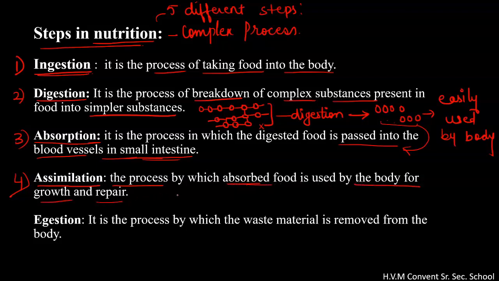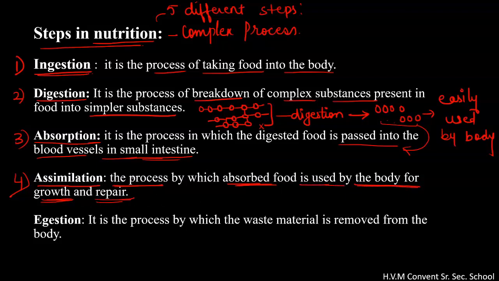So why do we need the food? We need it for the growth of our body, for the repairing of our tissue, and for the functioning of our body. So the process by which we use the absorbed food is called assimilation. Assimilation is the process by which the absorbed food is used by the body for growth and repair.